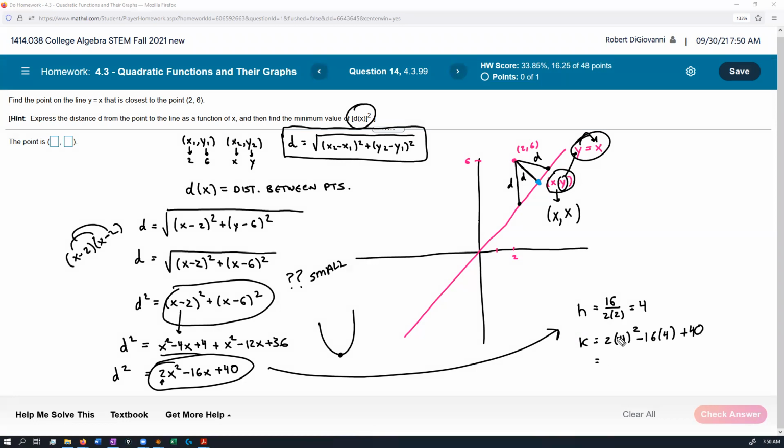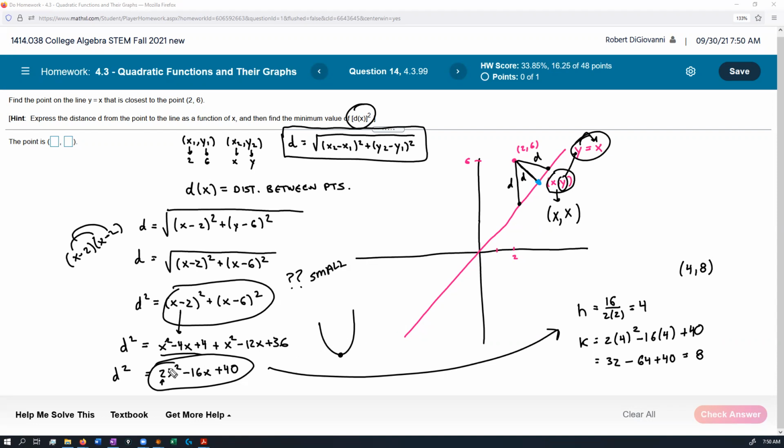Okay, so we get, let's see, 16 times 2, 32 minus 16 times 4 is 64 plus 40. So I believe we get 8 here. So the vertex is 4, 8.